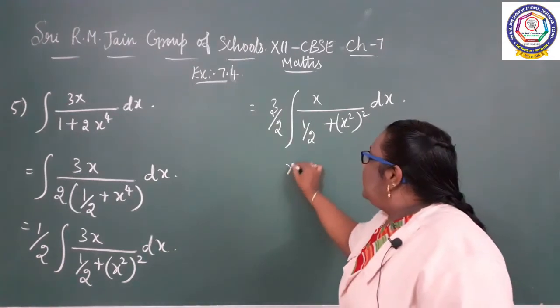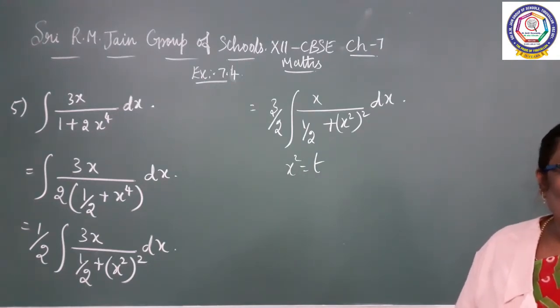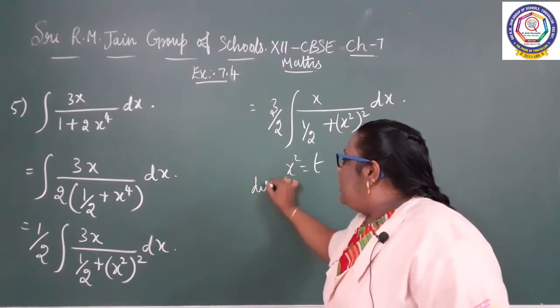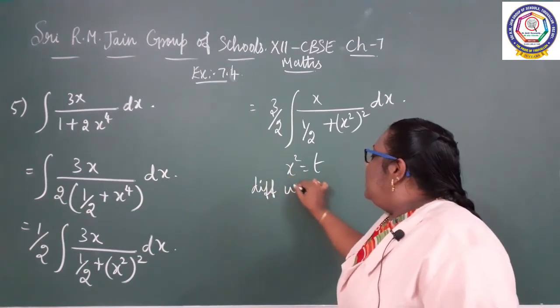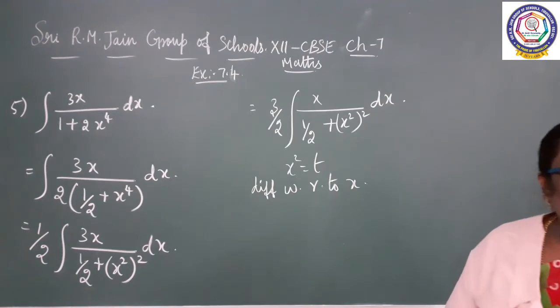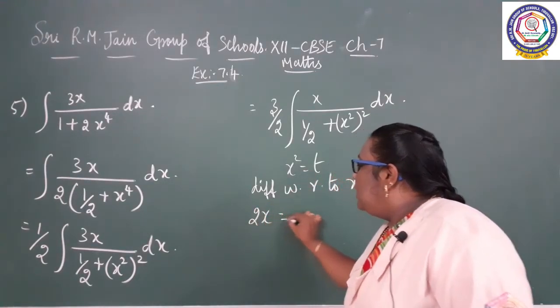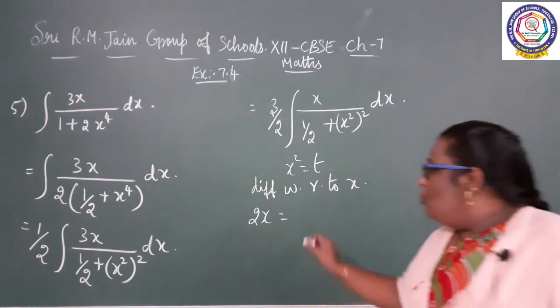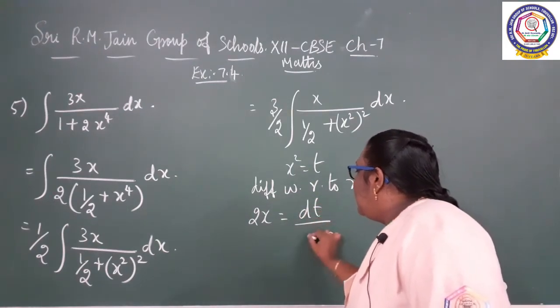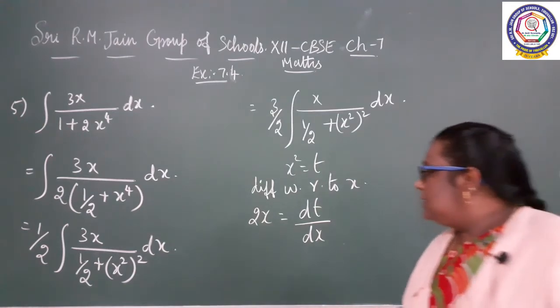Okay, so you can take x square equal to t. Differentiate with respect to x. What does x square become? 2x. And t becomes dt by dx.